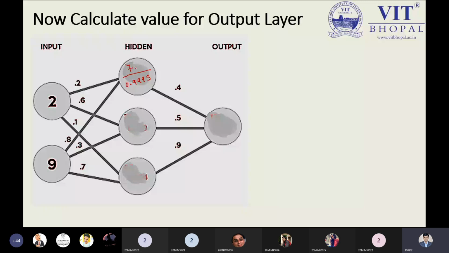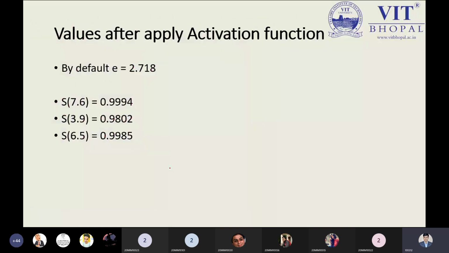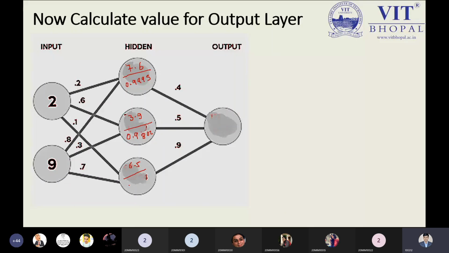And what is the value of this one? 3.9, and this is 0.995. And this value is 0.9802. And the last value: the input value is 6.5, and then we have 0.9985.